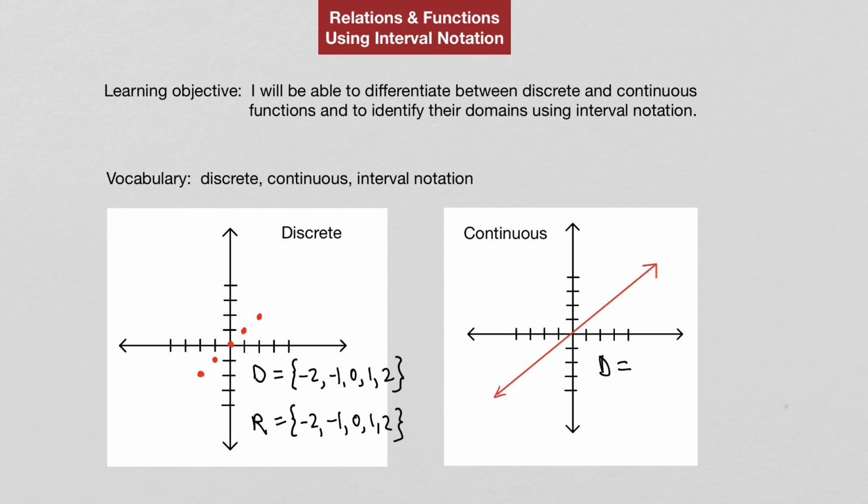So then my domain is going to go from, and we're going to start with an open parenthesis, and then negative, and then the sideways 8 is an infinity sign.